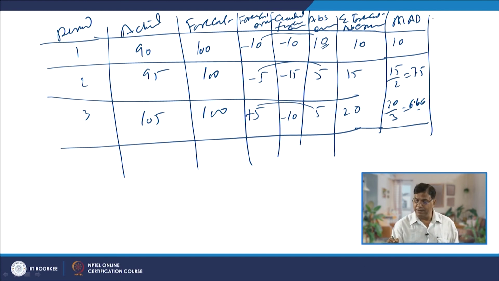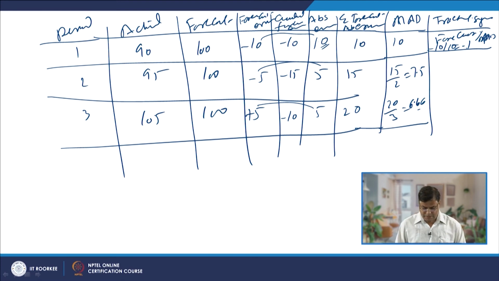Now, to calculate the tracking signal, what we have to do? We have to use the forecast error divided by the MAD, mean absolute deviation. So, for the first it is minus 10 by 10, so it will be minus 1. Then for the second it is minus 15 by 7.5, so it will be minus 2.